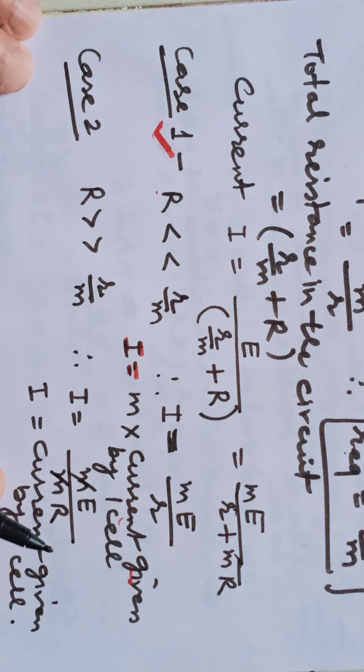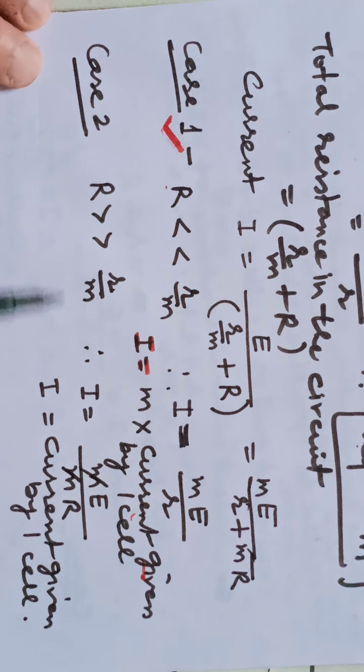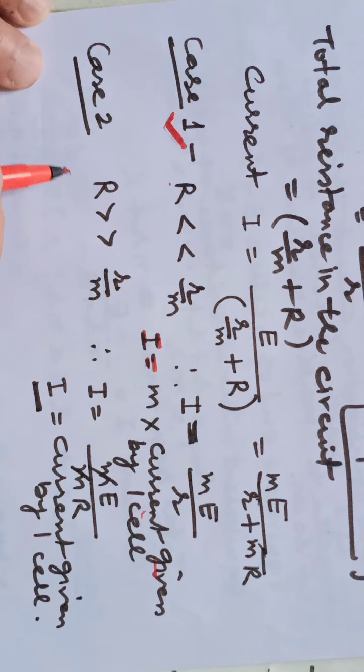So whether we use one cell, two cells or m cells, the current is the same. So we are not going to benefit when the external resistance is quite large compared to the internal resistance. So we shall not use this combination in parallel.